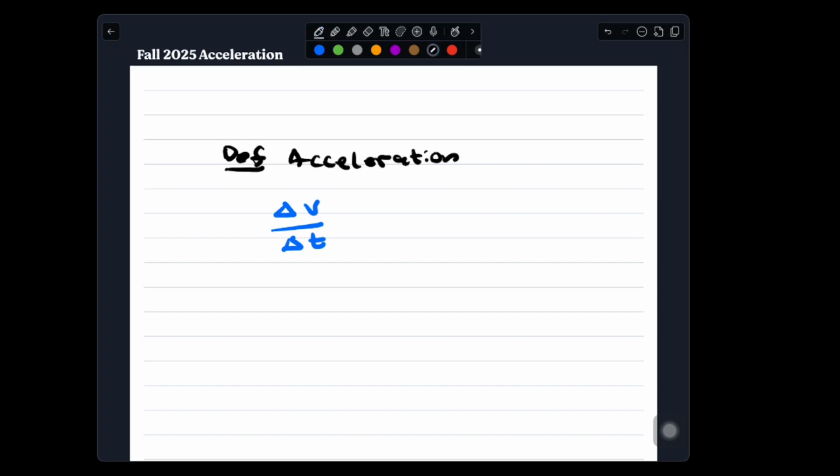Instantaneous acceleration, we'll call A of t, is actually the derivative of what? Of velocity. So what you need is the velocity function. And if you differentiate velocity, you now have what? Acceleration. And I'll give you guys a note here.